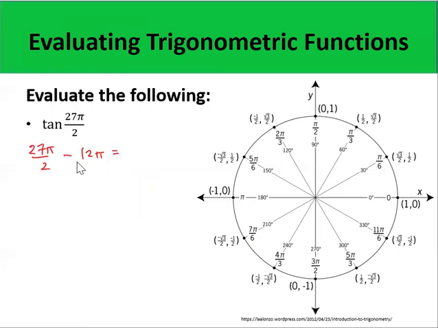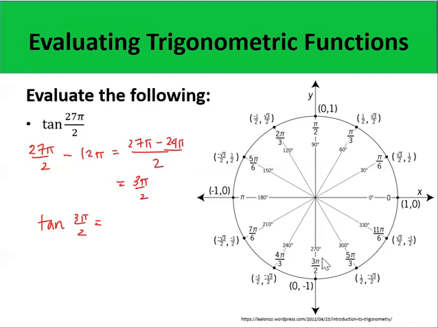And this expression is equivalent to 27 pi minus 2 times 12, which is 24 pi, over 2. And it's going to be 3 pi over 2. So tangent of 3 pi over 2 is the same thing as tangent of 27 pi over 2.